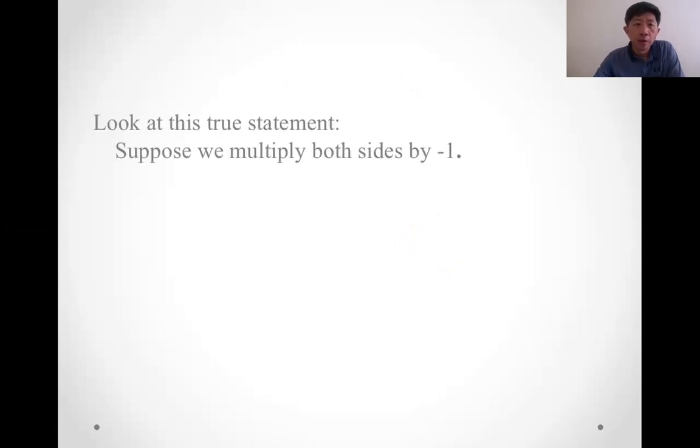Now look at this true statement. Suppose we multiply both sides by -1. What happens? 5 is greater than 3. If we multiply both by -1, 5 changes to -5 and 3 changes to -3.